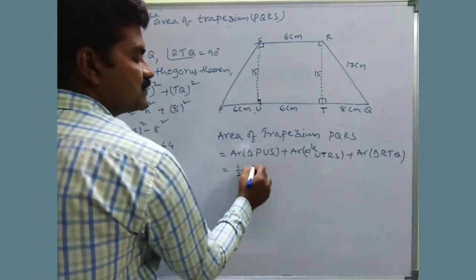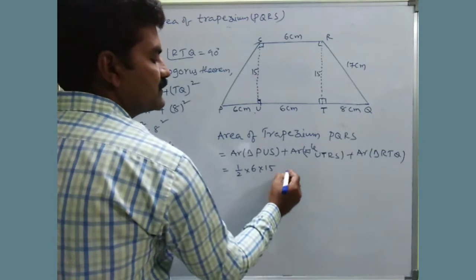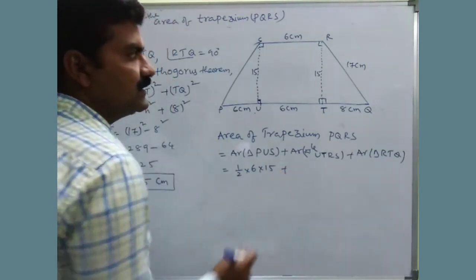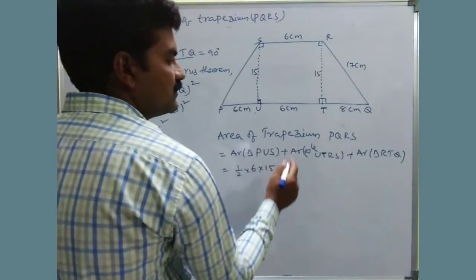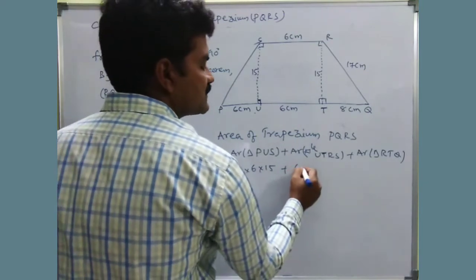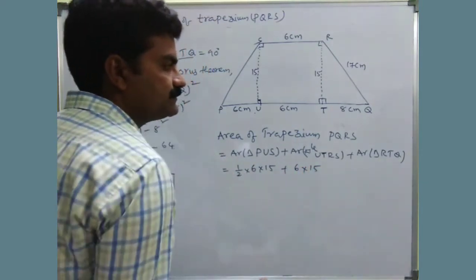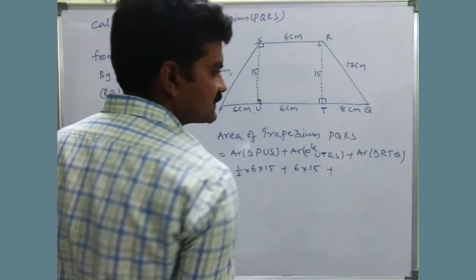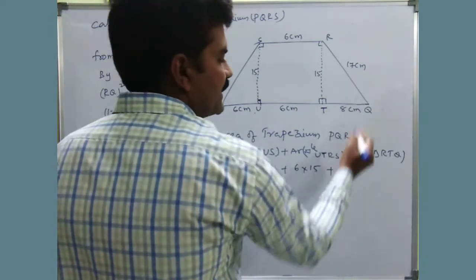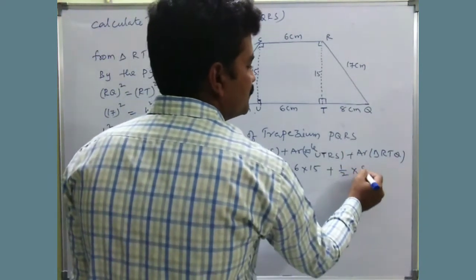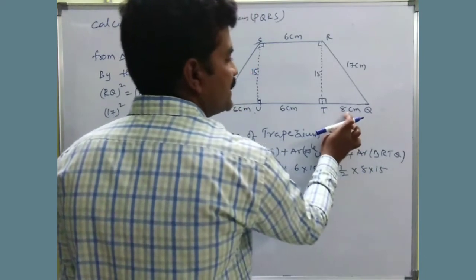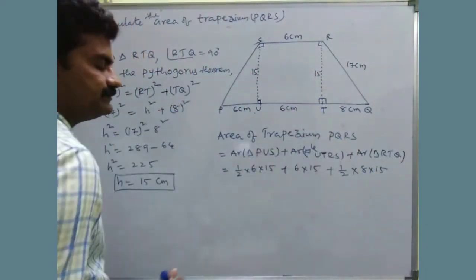So 6 into 15, plus this is a rectangle, length into breadth, 6 into 15, plus once again a triangle, half into base into height, base 8 and height 15.